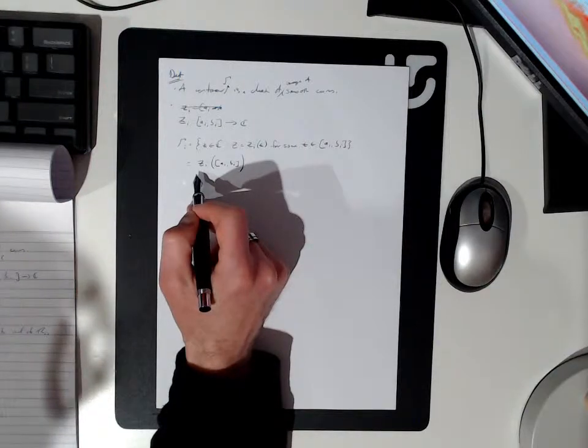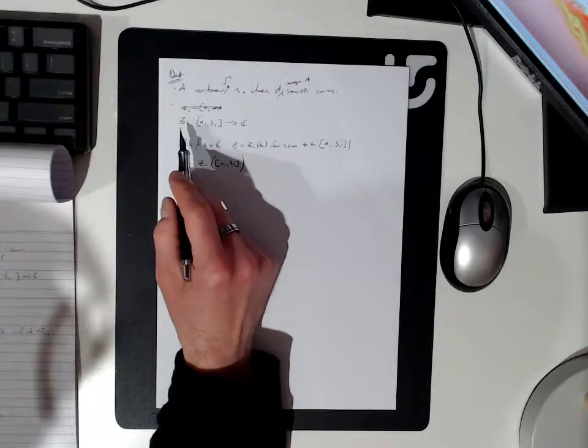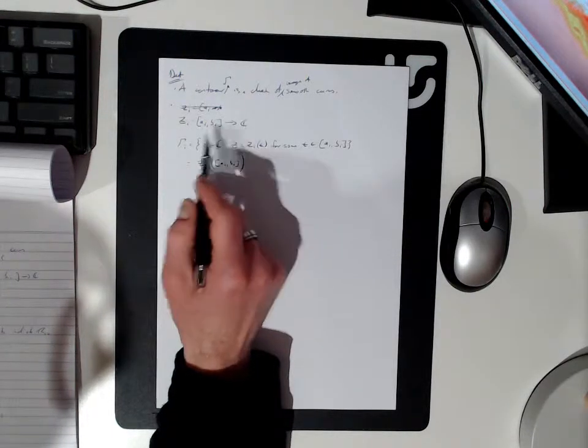There are lots of ways to reparameterize the curve. I could make the interval shorter, but make the new curve travel along the old curve faster.